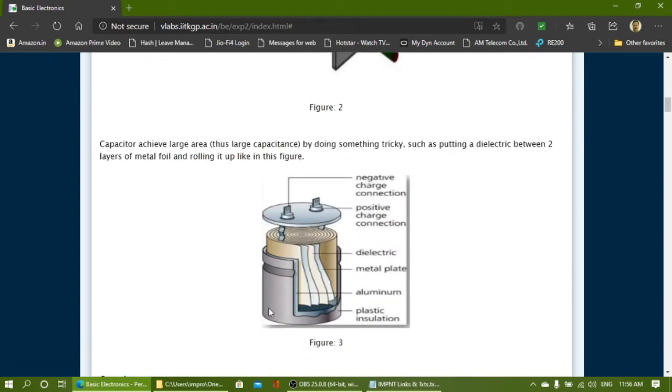This is the internal structure of a conventional electrolytic capacitor. You can clearly see a metal plate and dielectric material pasted together and rolled up. According to the length of the metal plate, the capacitance value will vary, and according to the properties of the dielectric material, the maximum working voltage is defined.